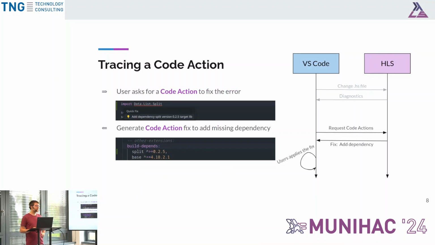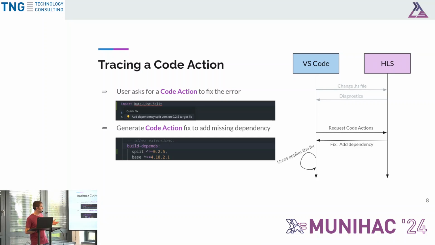The user will then click on that error, and when the user clicks on this diagnostic, VS Code will send a request to the language server and ask, do you have any idea of how to fix this error in particular? This is different to the notification. This is a request-response pattern. So when VS Code asks HLS, do you have anything to fix that, HLS will respond to that request, and perhaps it will offer some fix.